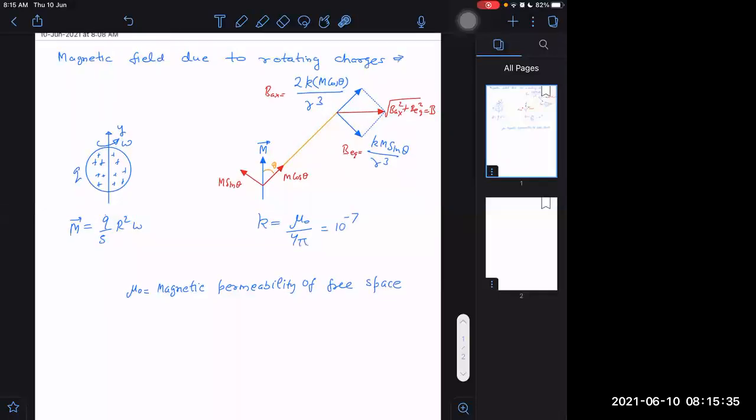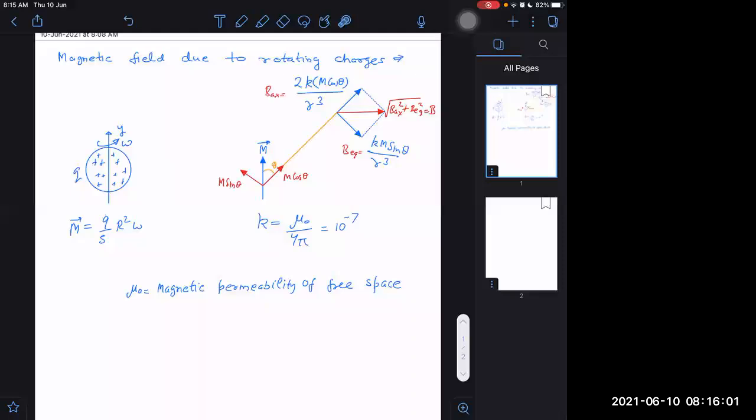For the short dipole only, we use 2kp by r cube and kp by r cube, sir? Yes, for the electric field we use 2kp by r cube for a short dipole. This is also short only. This is only for short dipoles, not for large ones. What do we mean by short dipole?